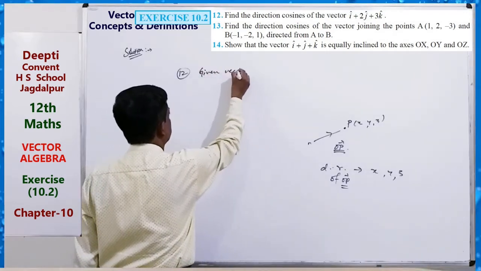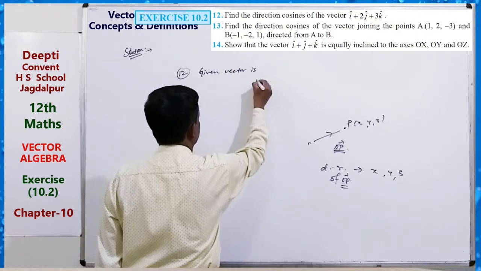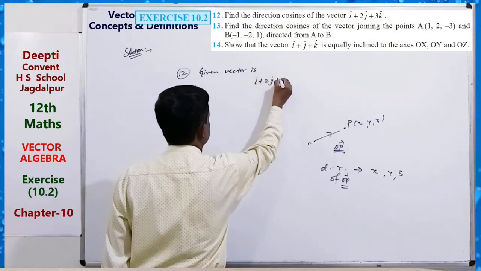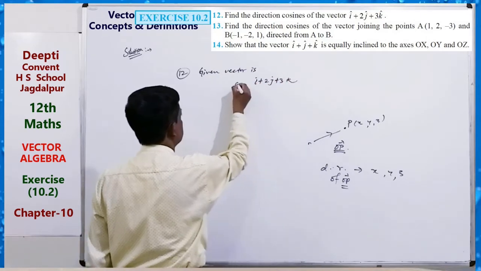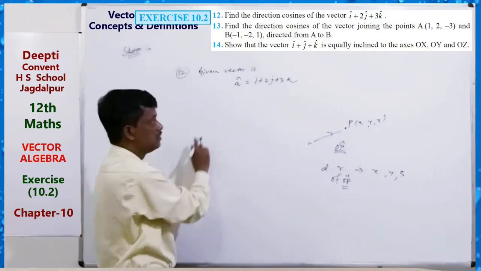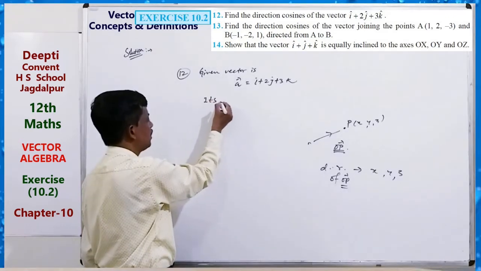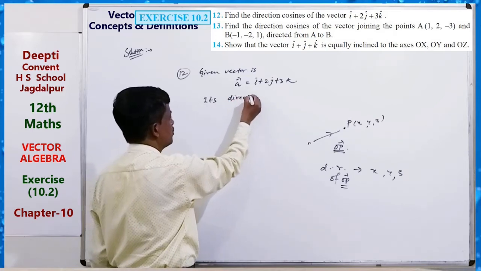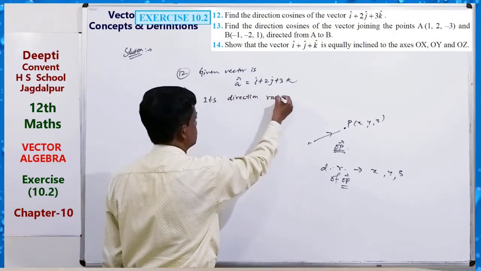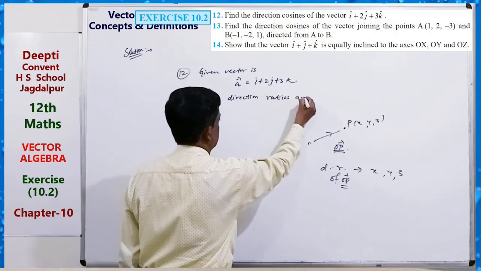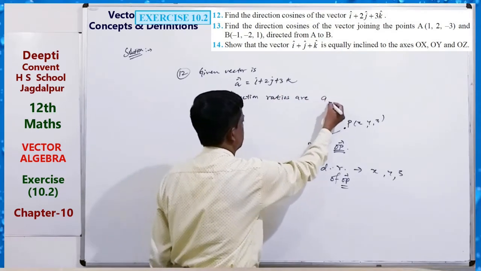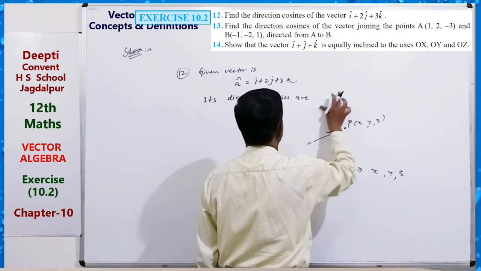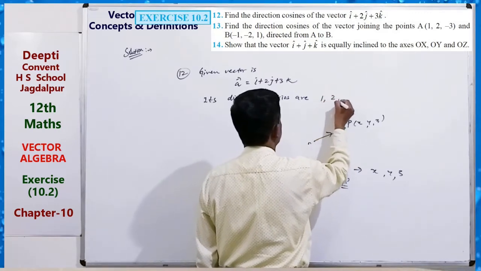Given vector is i plus 2j plus 3k. Its direction ratios are 1, 2, 3.